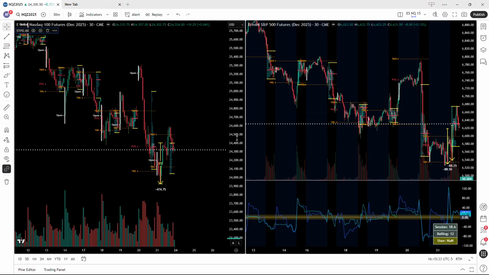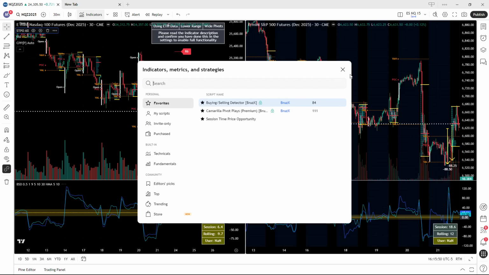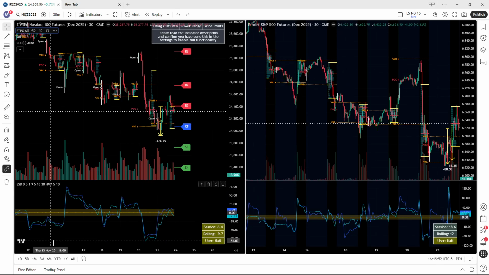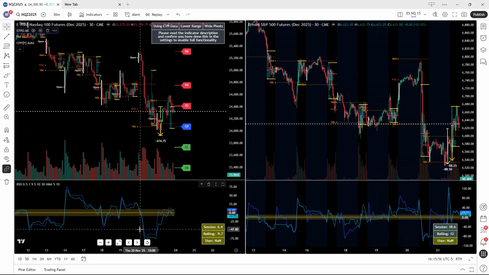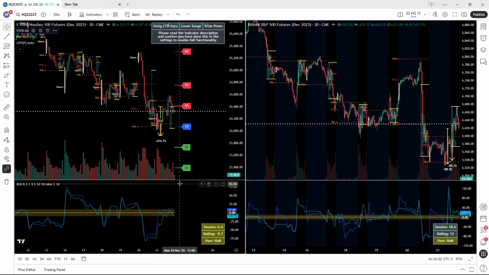Now, if you want to add Camarilla pivots, you can add the Camarilla pivot plays by BruzX, and you can also add the buying selling indicator by Bruz. Those are costs. So it adds my buy sell. I will be running this on a 1 minute or 2 minute time frame to see when buying has stopped, when selling has begun, and vice versa.